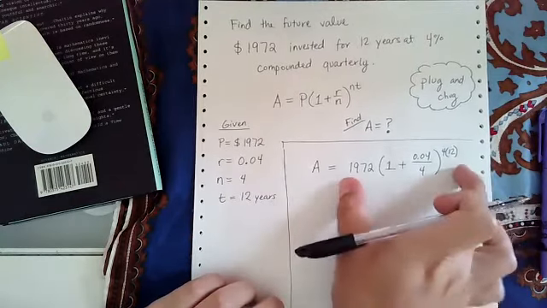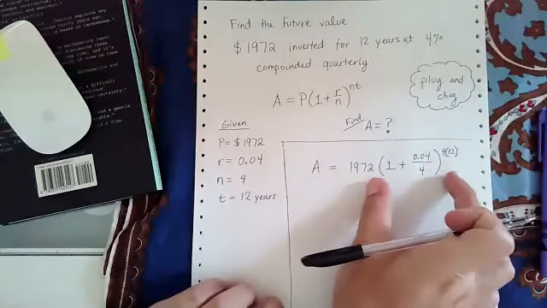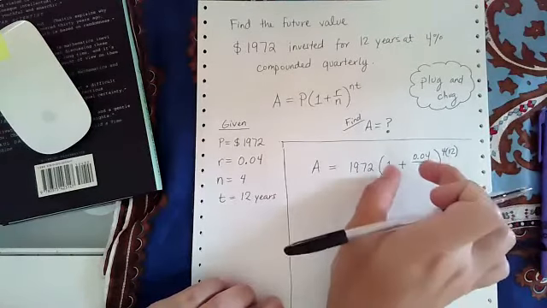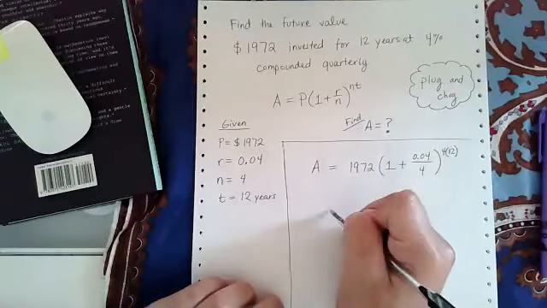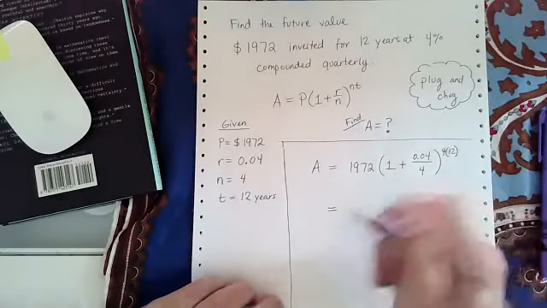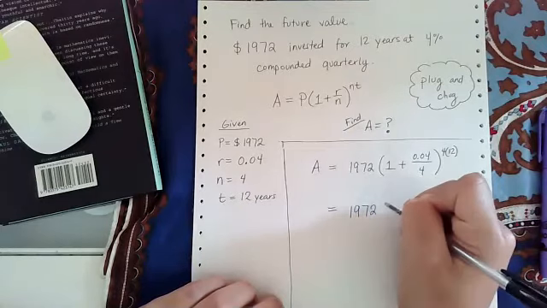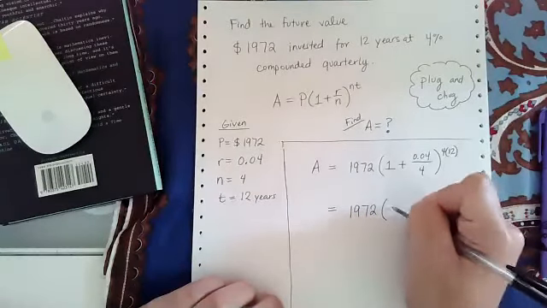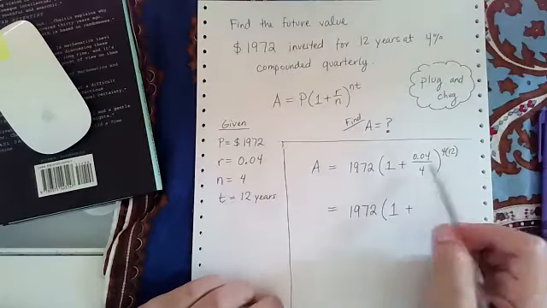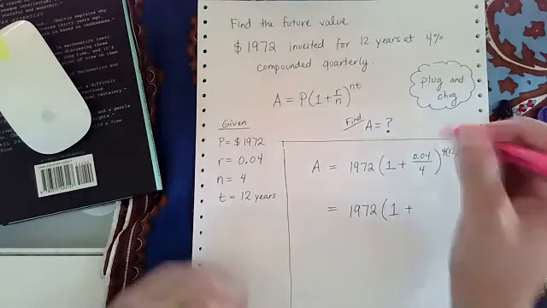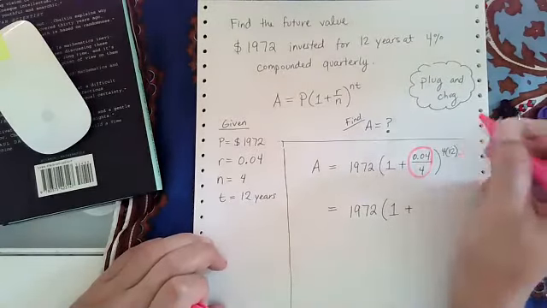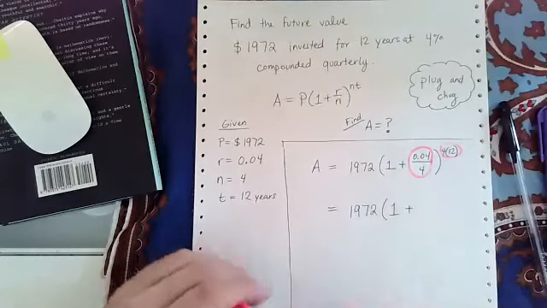So I have everything over here, and once I go ahead and throw that into the calculator or simplify it little by little, I'll be able to figure out what my future value is supposed to be. So I'm just going to simplify this a little bit at a time. Maybe the first thing I might try to do is simplify this fraction first, and then the exponent here.